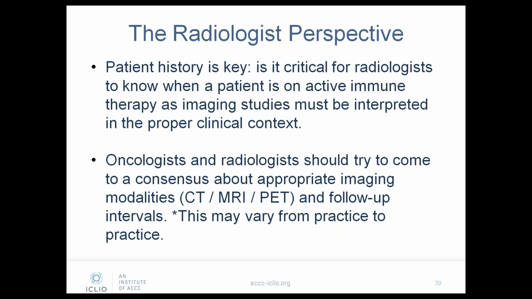So what we've done at our center is, at one of these multidisciplinary conferences, we discussed the issue with history, and the oncologists brought it back to their office, and they made it a policy that they tell us every patient that's on IO therapy right in the history line, and they give us medication lists and medication histories on other patients so we can review those as well. We found that to be critical in providing them with accurate reporting.